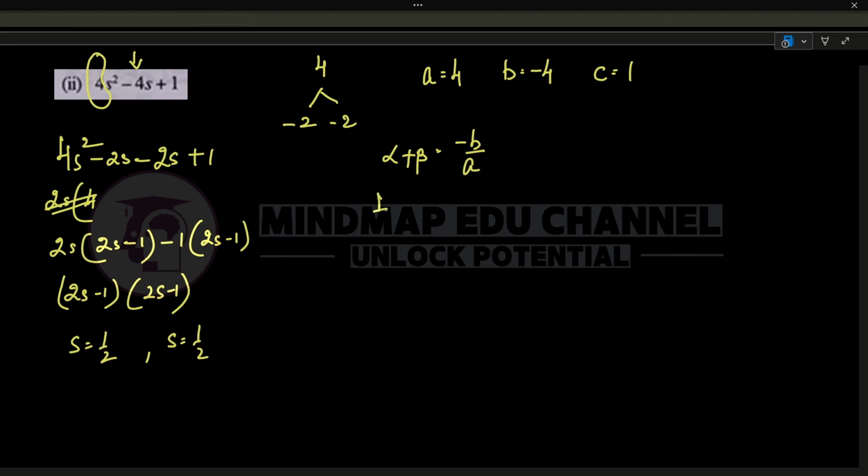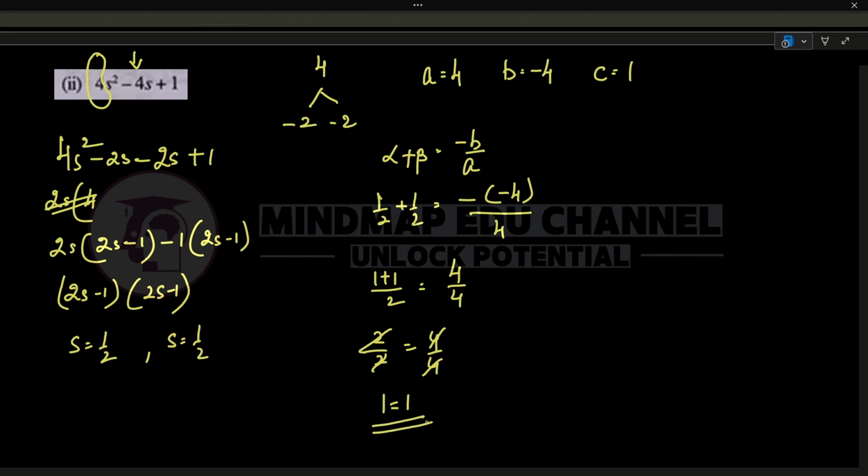Here it's 1 by 2 plus 1 by 2 equals minus, and the value of b is minus 4 over 4. Let's take the LCM here. It will be 1 plus 1 over 2, and minus and minus will become plus. So 2 over 2. By cancelling and reducing, we'll get 1 equals 1, that is left hand side is equal to right hand side.